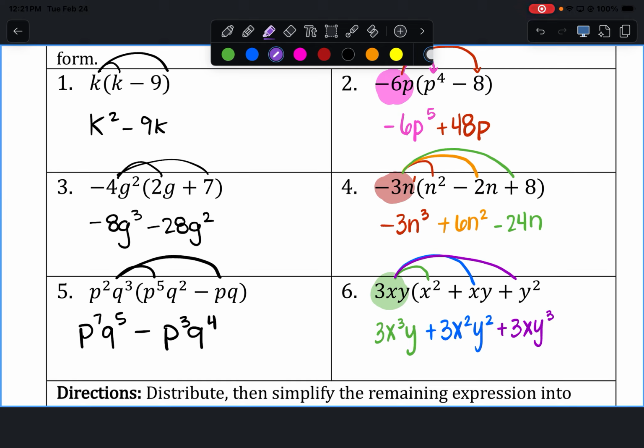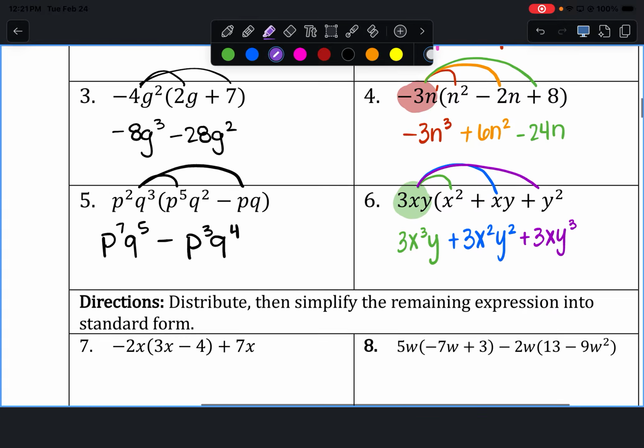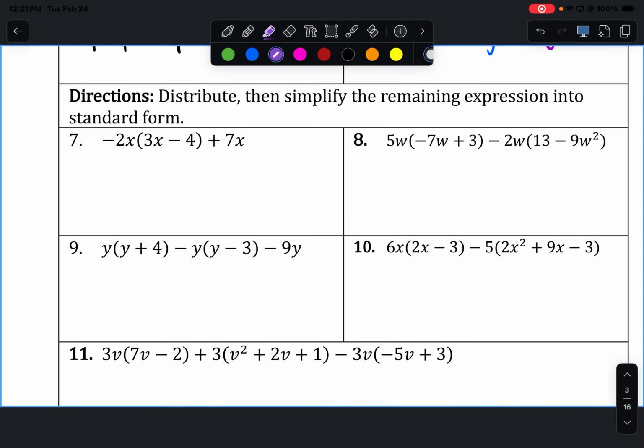All right. Do we have any questions on those 3? All right. So the next section asks us to distribute, then simplify the remaining expression into standard form.